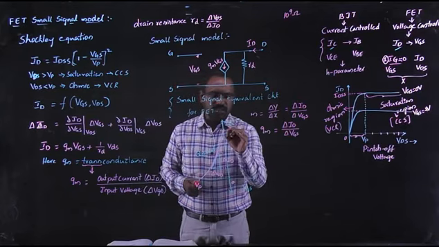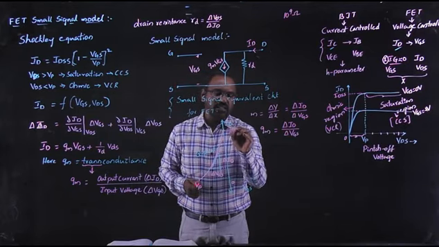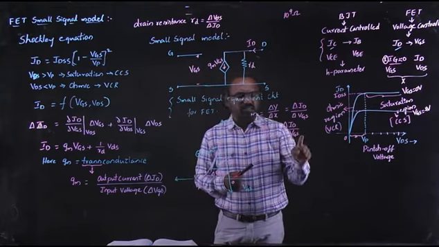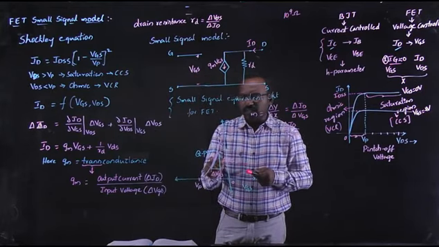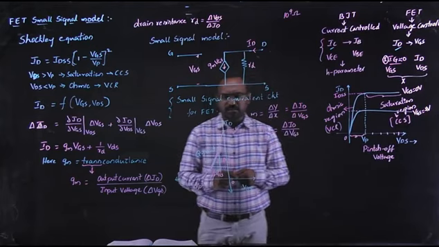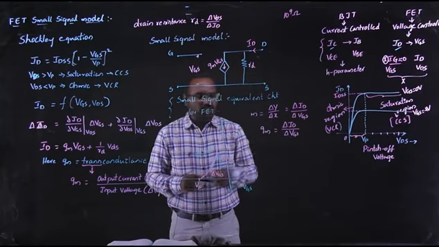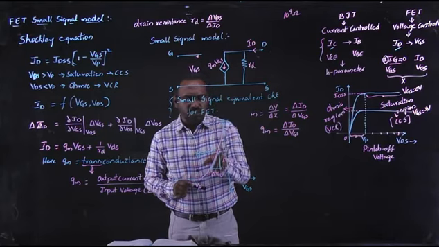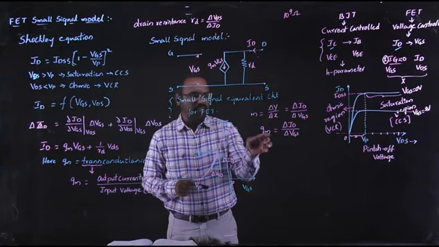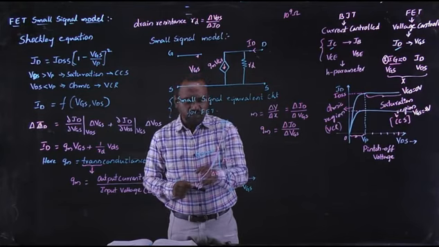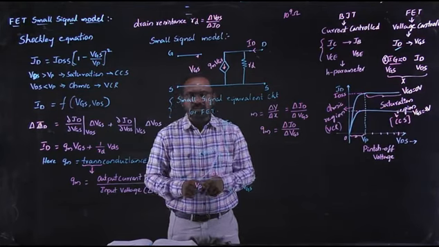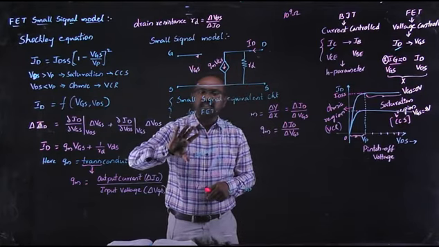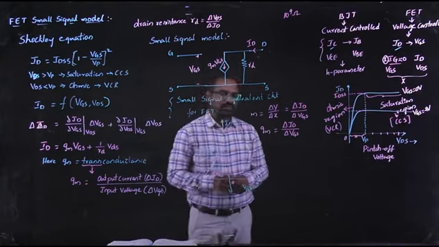So this is the point IDSS. Based upon the slope, or the location of this Q point, your gm value also varies. If your Q point moves upward or downward, gm is going to change. This is how we generally calculate the transconductance using the graph.